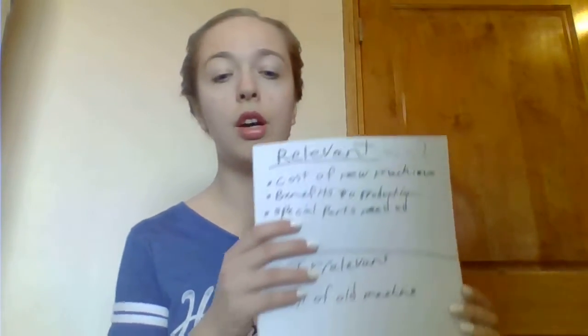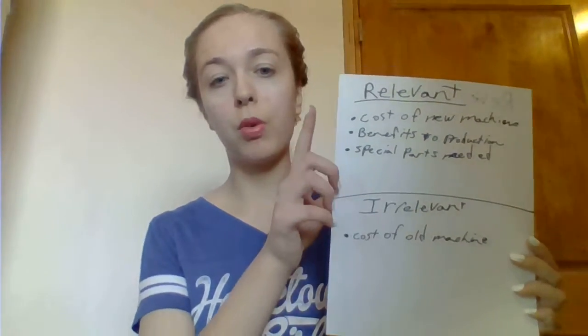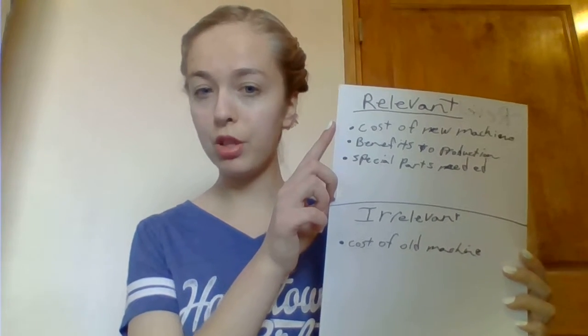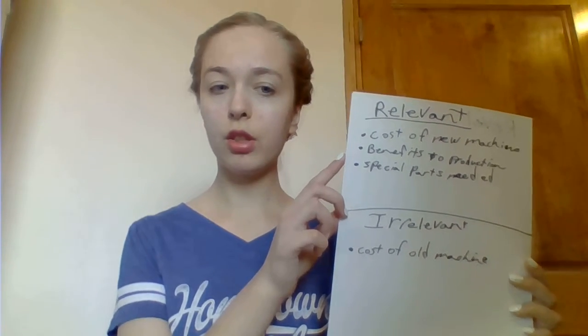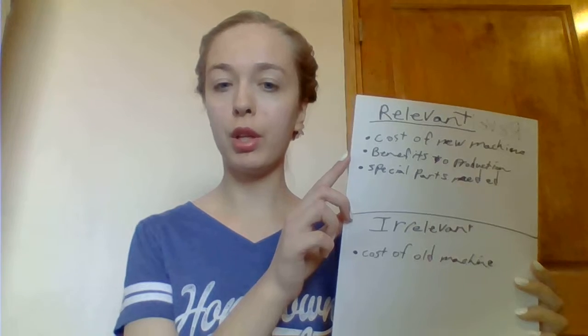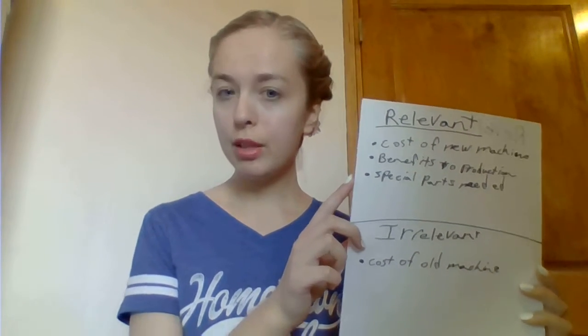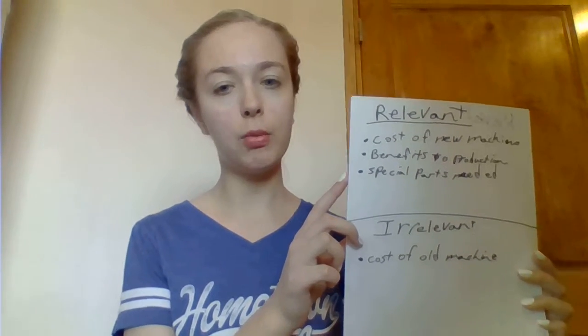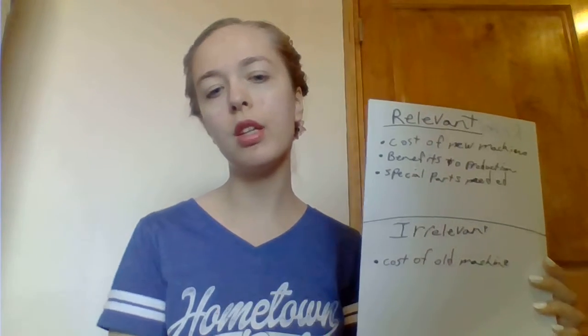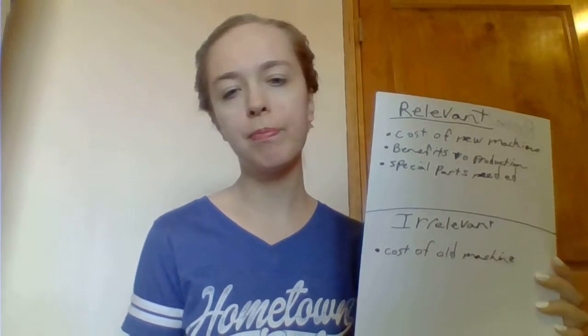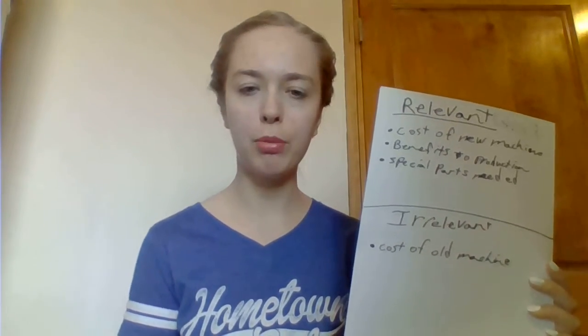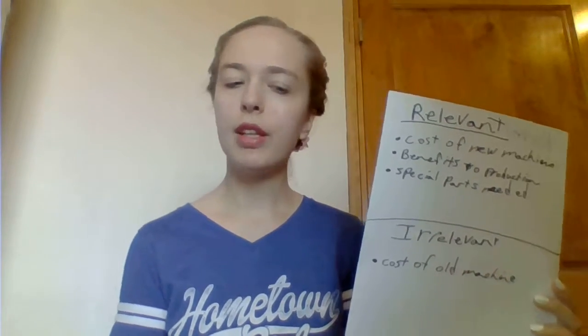Now, in this case, our relevant information was going to be the cost of the new machine, the benefits that it will provide to our company and production, and any special equipment or parts that will need to be purchased, because those will be an additional cost, such as special coffee filters, special cups for the espresso shots, any of that.